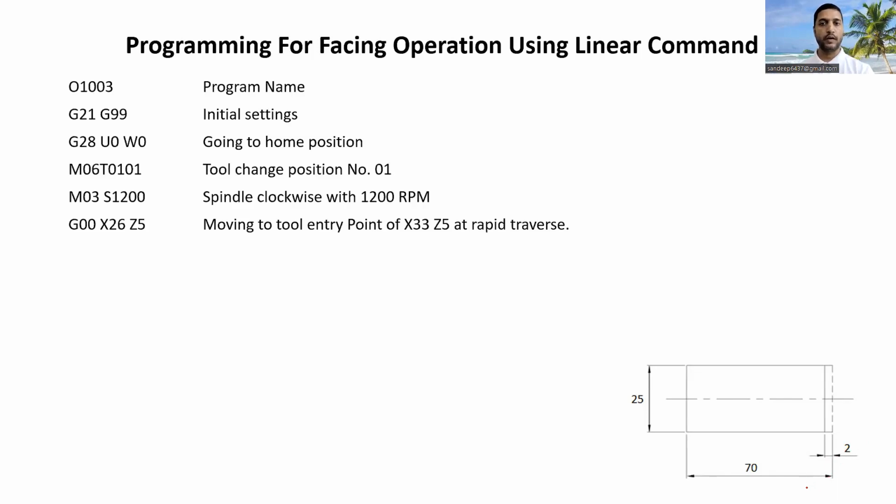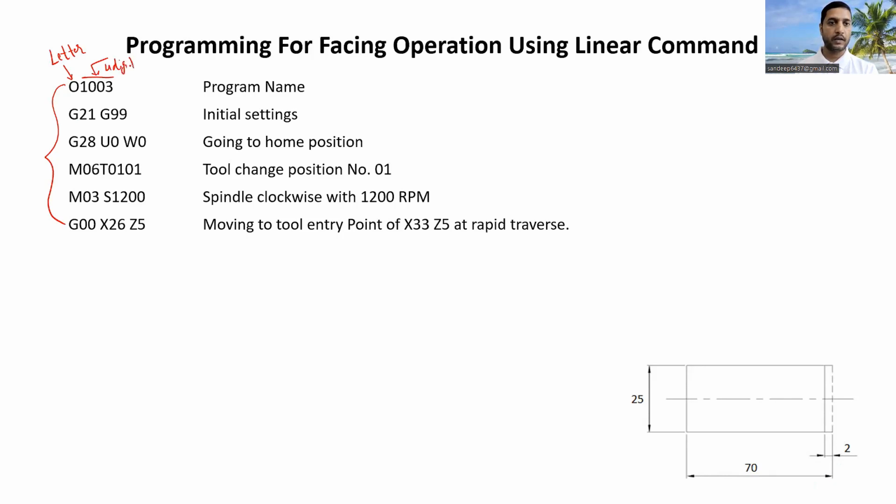Now let us move ahead. This is the starting of our program from here to here, and we already know that we are writing this program for Fanuc controller, and in Fanuc controller our program always starts with letter O, followed by 4 digits.